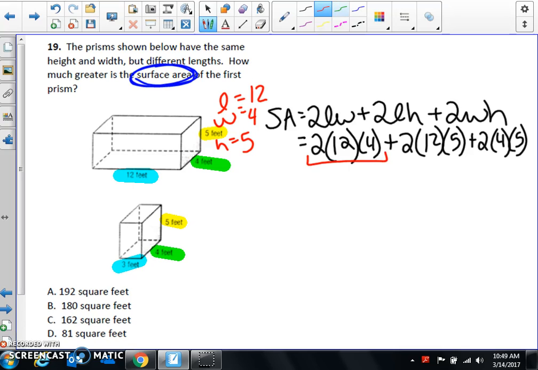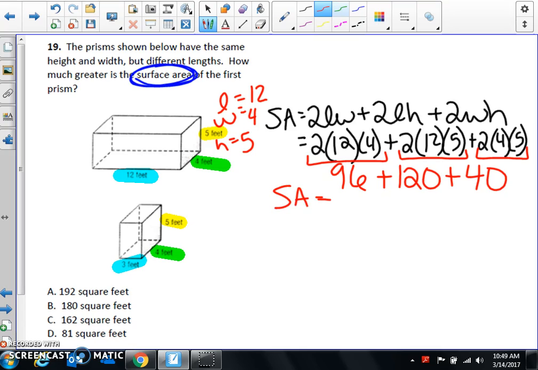So 2 times 12 times 4, I just put that in my calculator exactly as I see it. 2 times 12 times 4 is 96, plus 2 times 12 times 5 is 120, plus 2 times 4 times 5 is 40. Now I add it up. So 96 plus 120 plus 40 gives me 256.